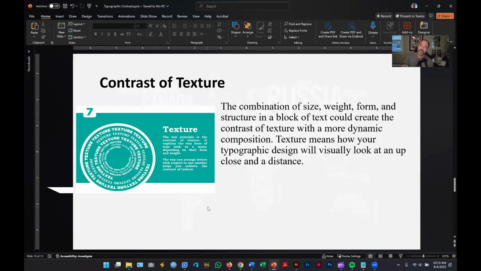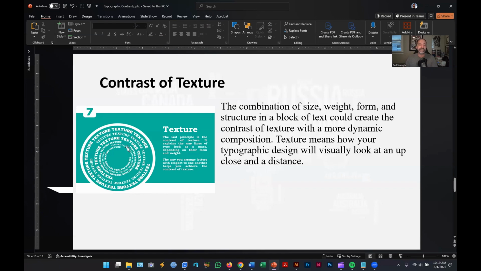Texture. Texture is really cool. The combination of size, weight, form, and structure in a block of text could create the contrast of texture with a more dynamic composition. Texture means how your typographic design will visually look up close and at a distance. So we want to be careful. I mean, look at this. They do a circular piece, it's just texture, and it looks like it's spinning down.